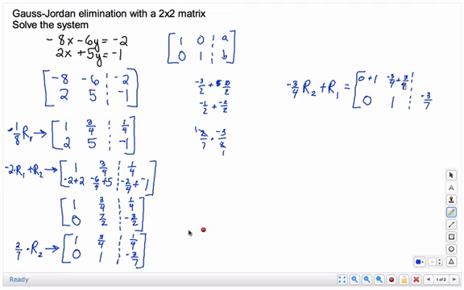Okay, so now we need to do the same thing, negative 3/4 times row 2 down here. So that's where we're going to get a negative 3/4 times a negative 3/7. And so that's going to give you negative times negative is positive, so that's 9. 4 times 7 is 28. Okay, so 9/28.